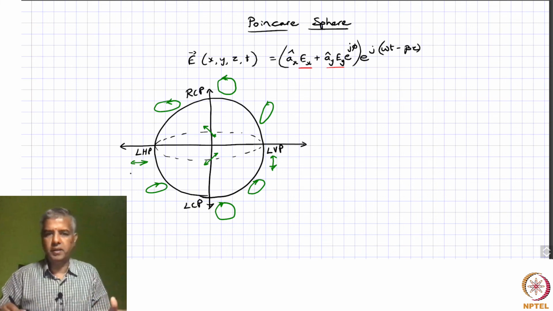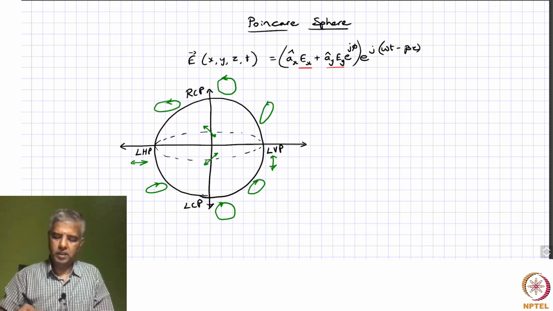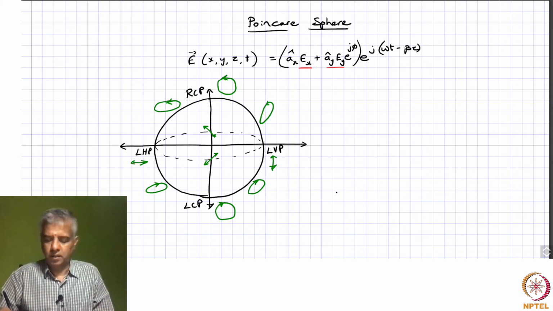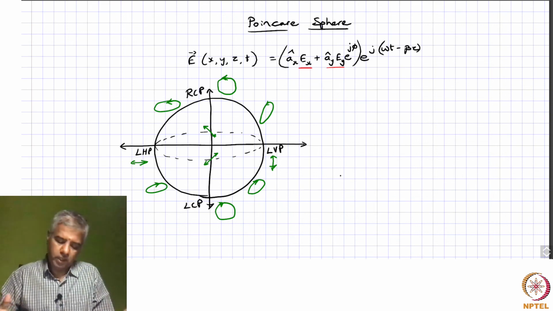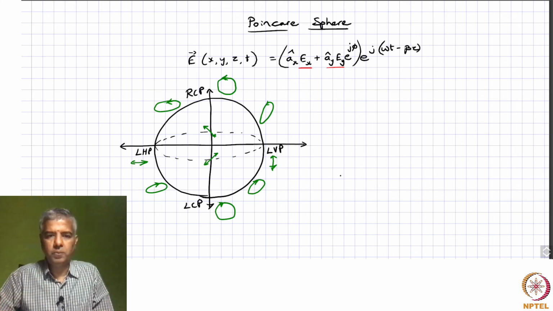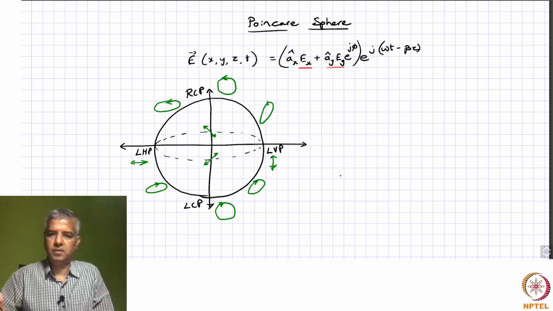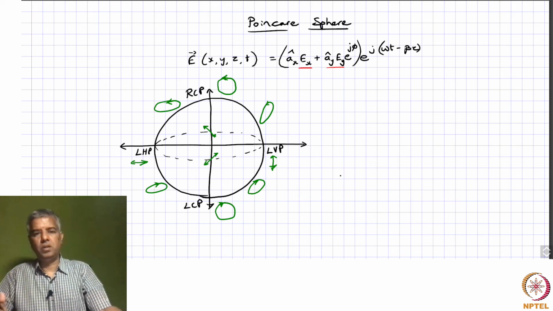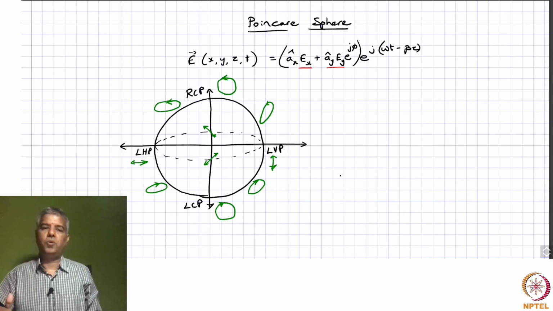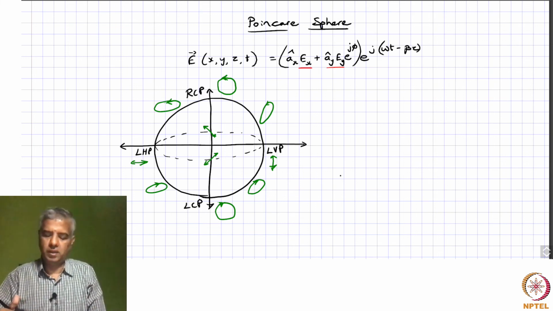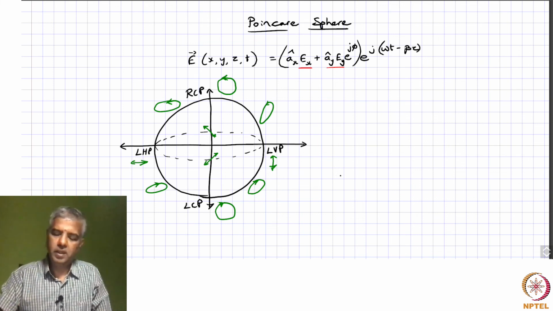So all the different polarization states can be represented over here. Why are we doing this? Why are we interested in this? We are interested in finding how the polarization changes. First of all, we are interested in understanding if we could manipulate this polarization so that you can change from one polarization state to another polarization state.